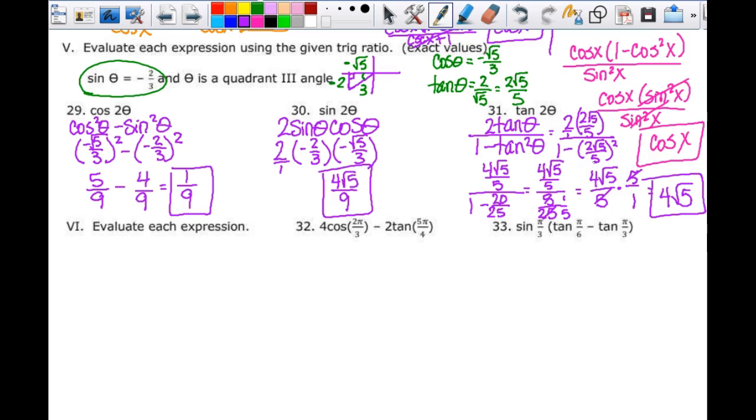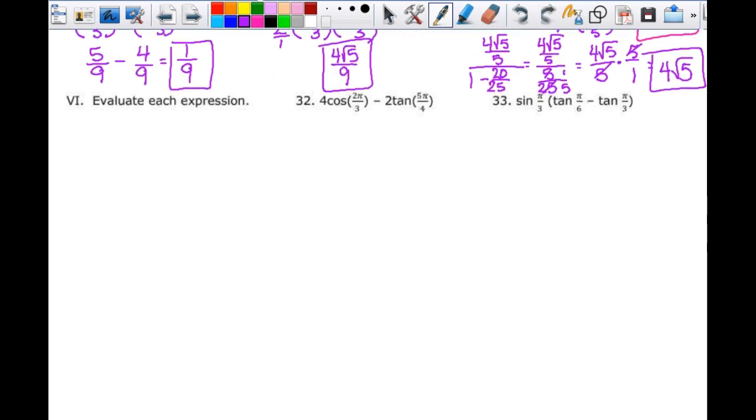All right, then we're going to evaluate each expression. I did these in class, but I'm going to do them again anyway because I erased it. So we're evaluating, meaning I'm changing these to values. This is going to be 4 cosine of 2 pi thirds. My reference angle is pi thirds, and so my cosine is 1/2, but that's in the second quadrant, so this is a negative 1/2.